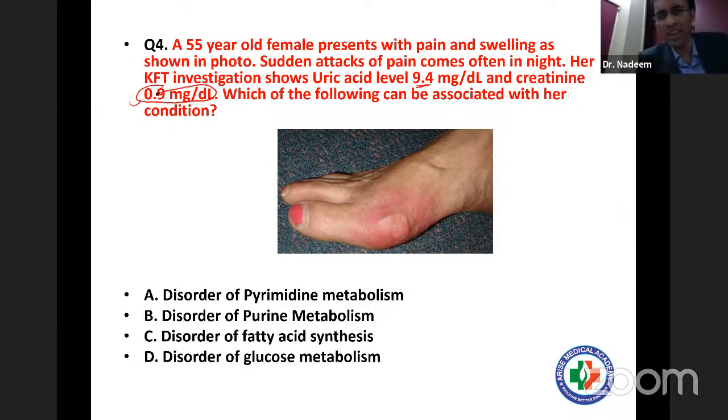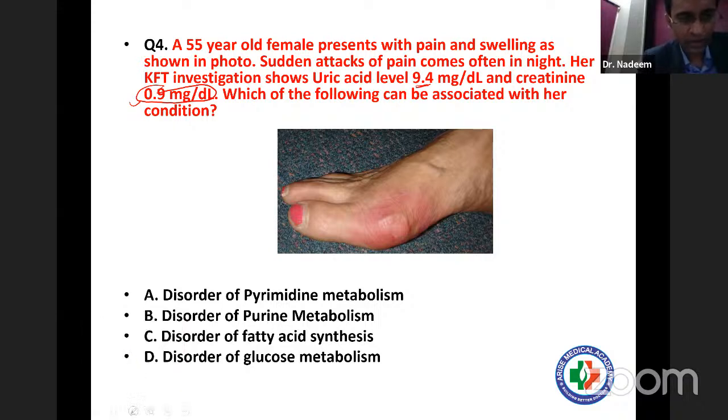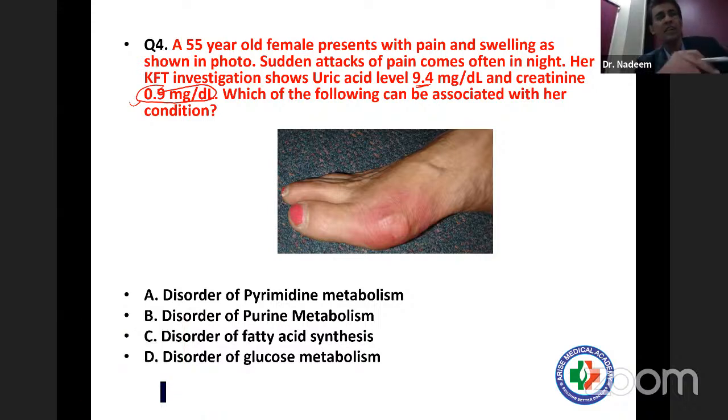Which of the following can be associated with her condition? Please answer this question. See, in this question, as per the clinical scenario, you can understand that her uric acid level is very, very high.